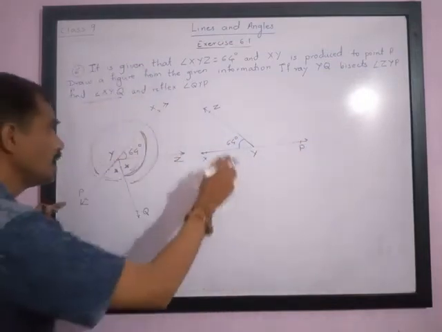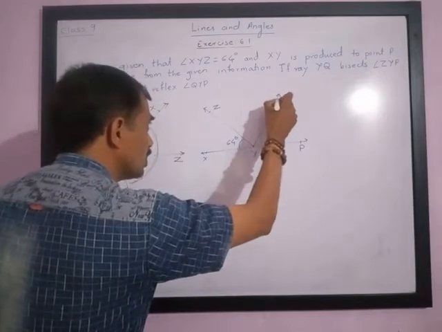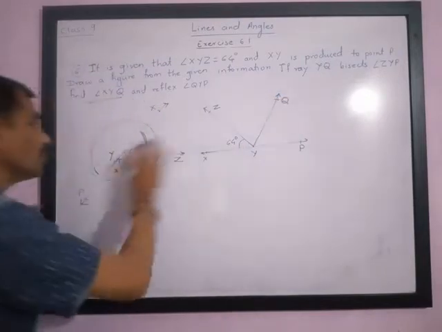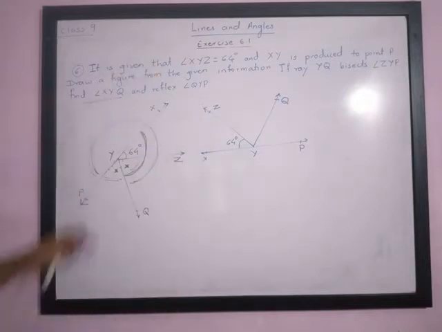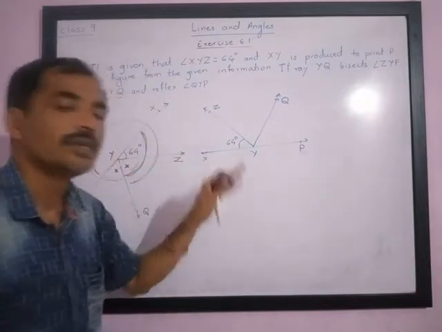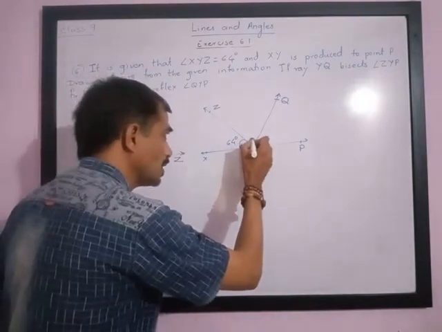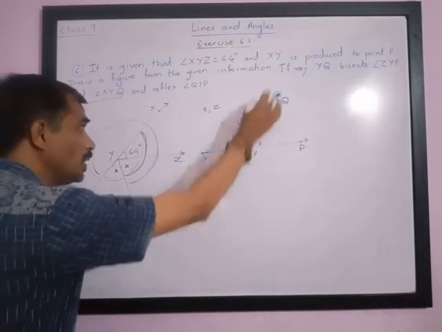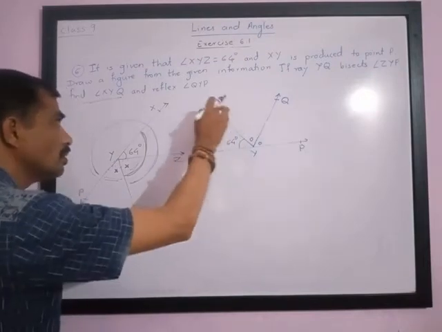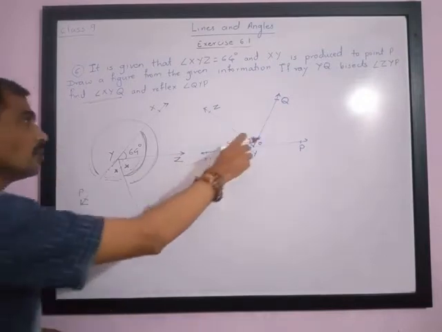We are given ZYP is bisected by YQ. So I will get the figure something like this. Both figures are one and the same. I have just rotated it so that we get a line and you will understand more properly. Now understand, these angles are congruent. ZYQ is congruent to PYQ since YQ bisects.